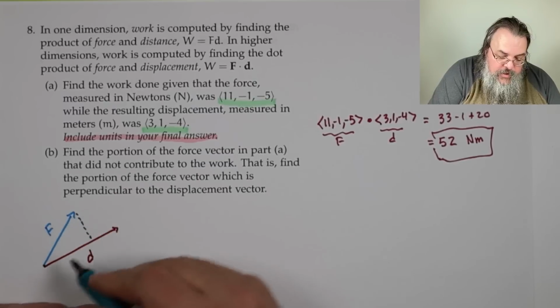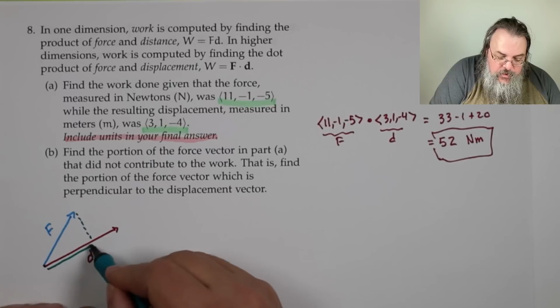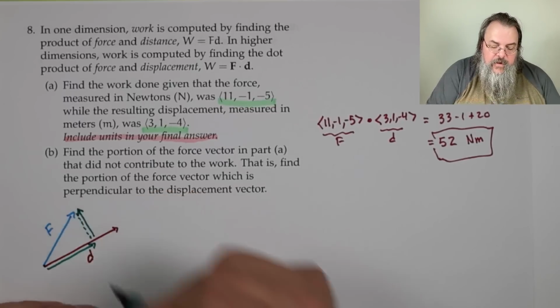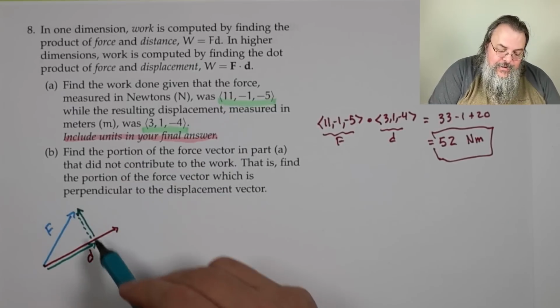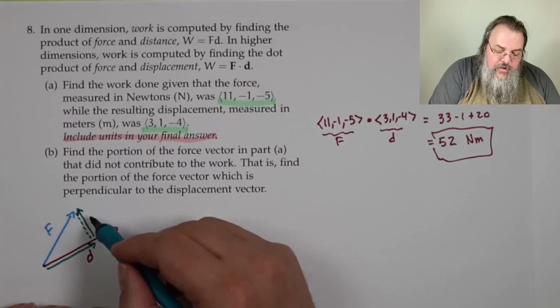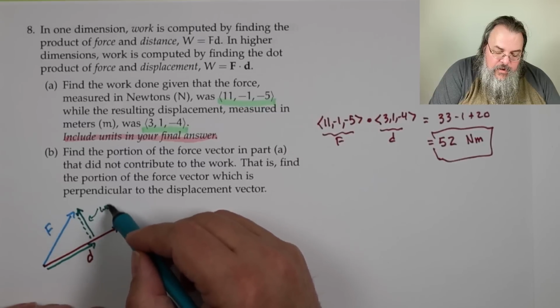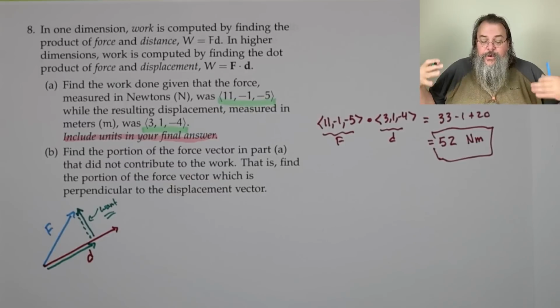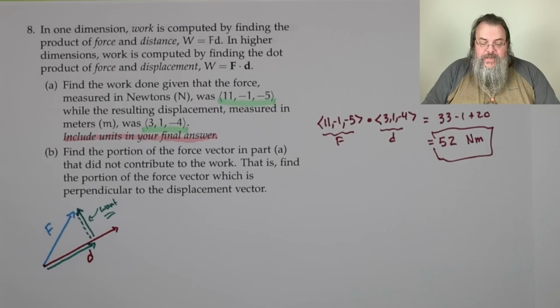So one part is useful in moving, and one part is not, right? So this is the part we're after. So this is what we want. So that's the part of our force vector which does not contribute to work. It's perpendicular to our displacement vector.